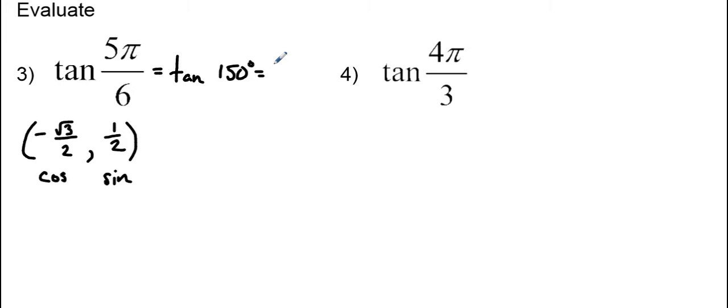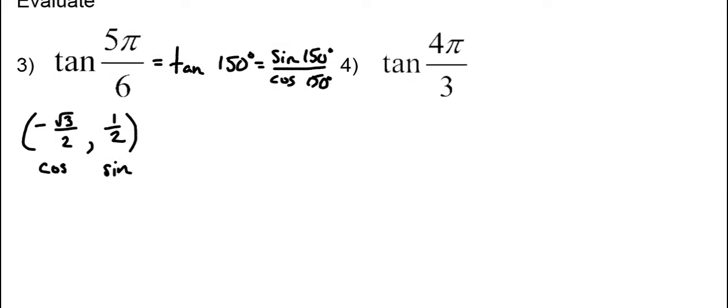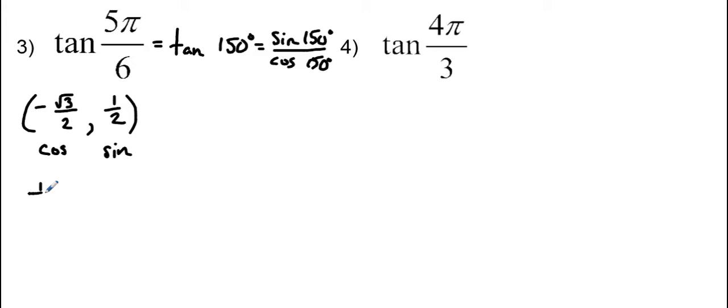degrees, and we also know tangent is sine over cosine. So let's go ahead and plug in. For the sine, 1/2 divided by the cosine, negative radical 3 over 2. And we've already gone through this. Dividing by a fraction is the same as multiplying by the reciprocal.